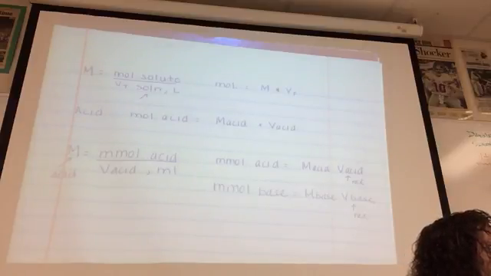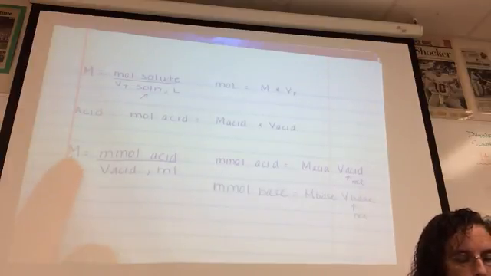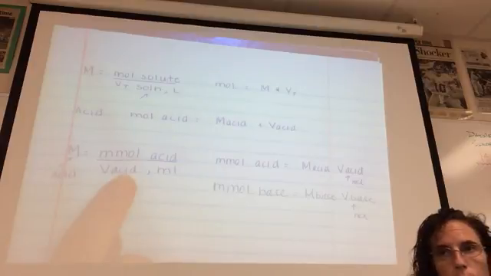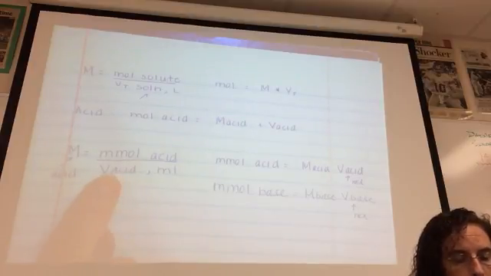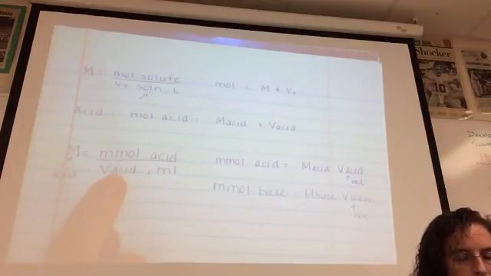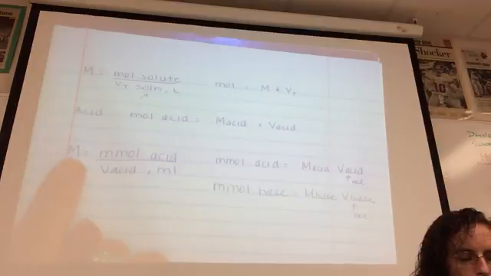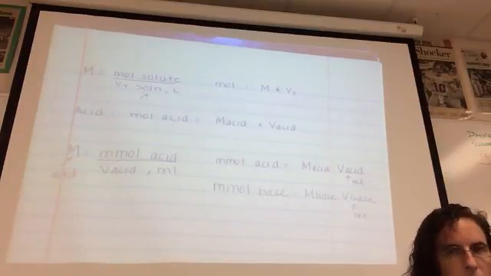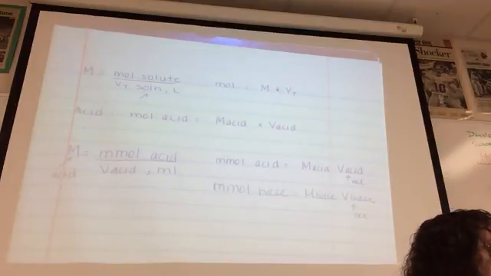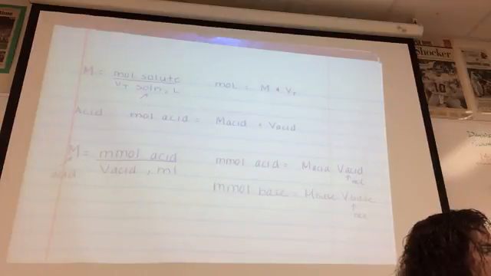And then finally, we can calculate the concentration or the volume, because we know concentration is millimoles over volume, or if we were asked to solve volume, we could interchange these two variables. So the volume of the acid would be the millimoles of the acid over the molarity of the acid, and I'll show you how to do all of those things as we solve the first problem together.